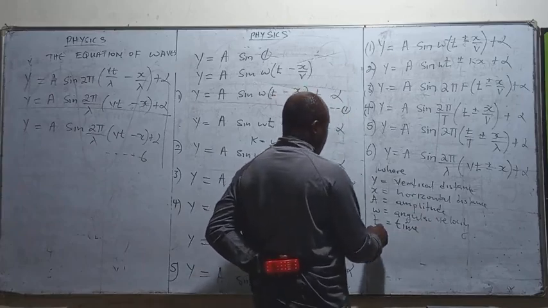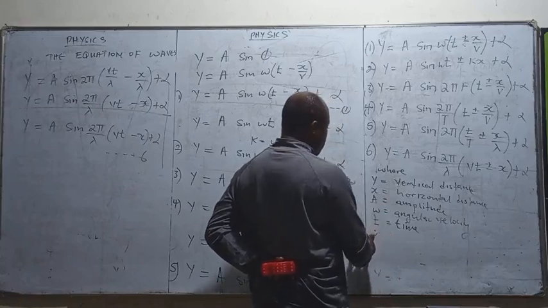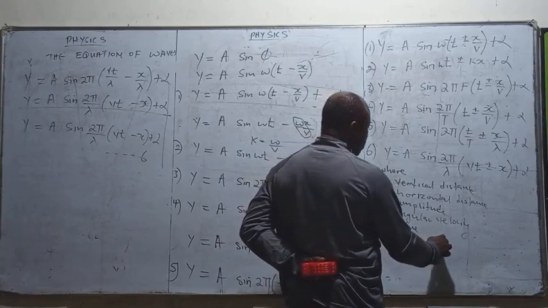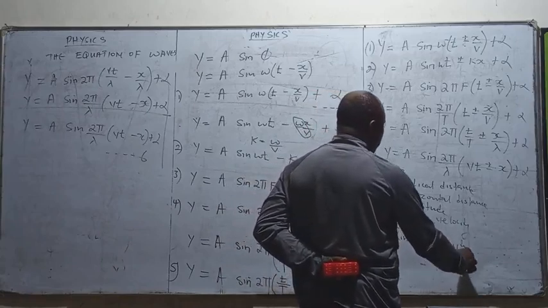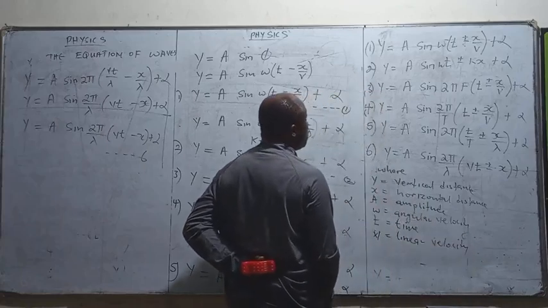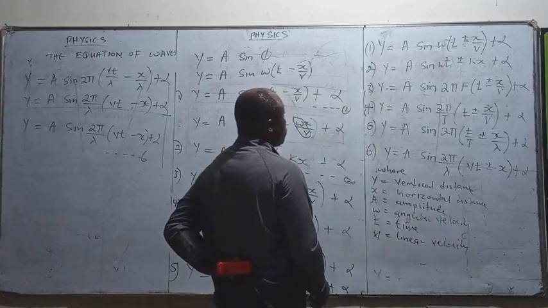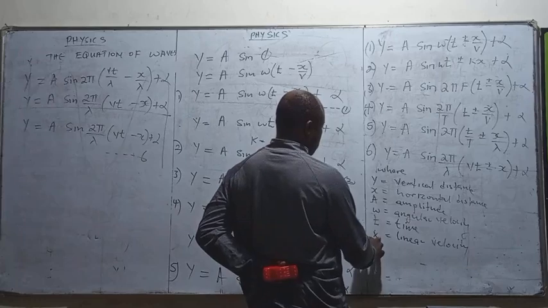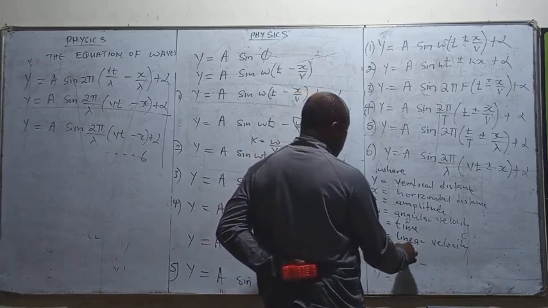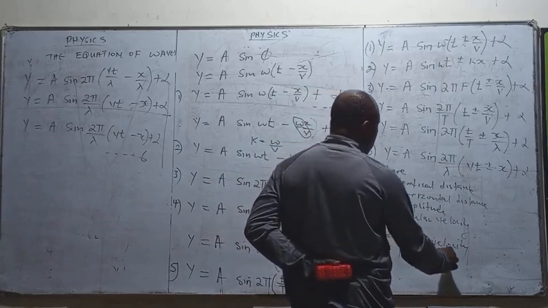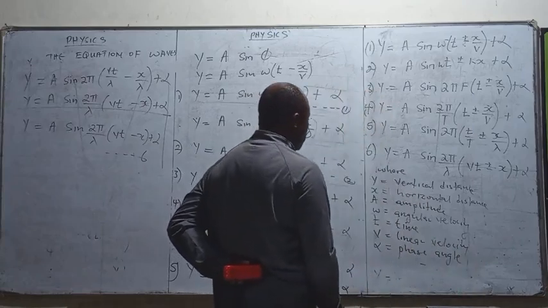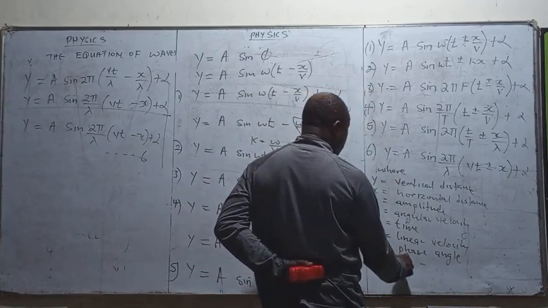Then we have x, we have already explained x. Then v is linear velocity of the wave, or wave velocity. Alpha is phase angle. Then T is period.